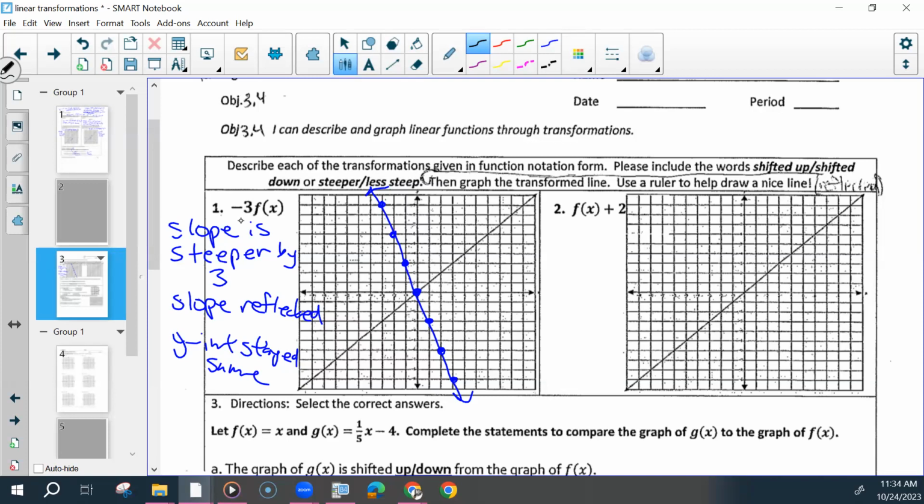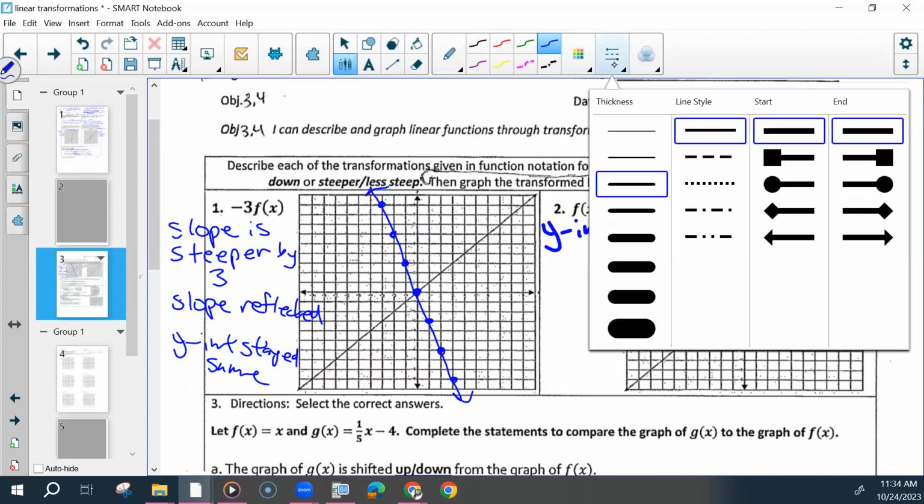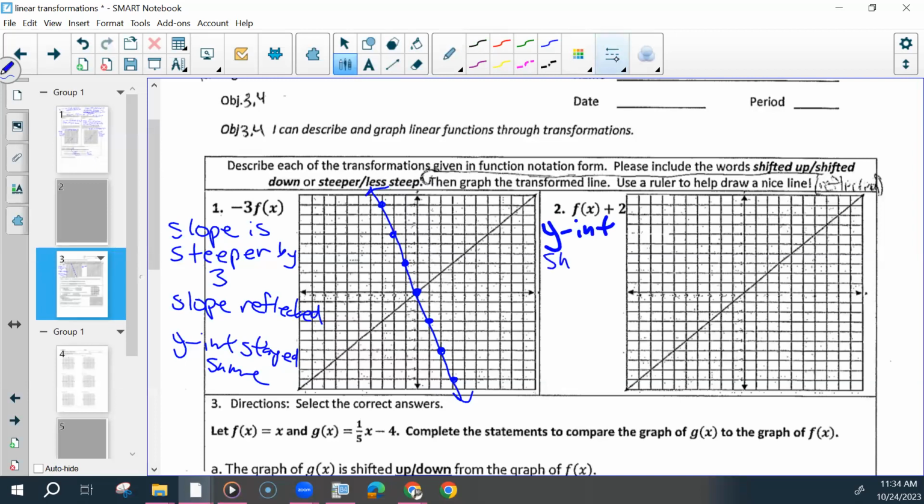So then what happened in number 2? Y-intercept shifted up. And what happened to the slope? Stayed the same. Or the steepness stayed the same. So what would your new y-intercept be? Positive 2 on the y-axis.